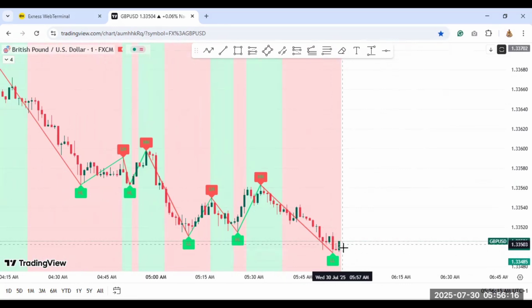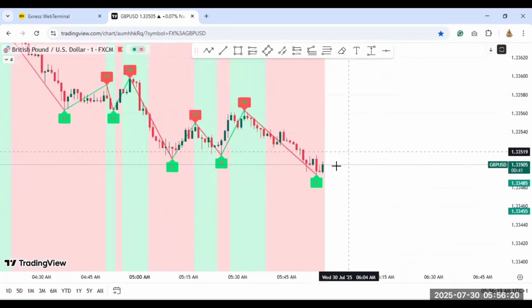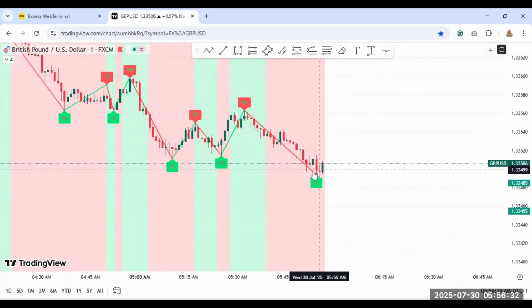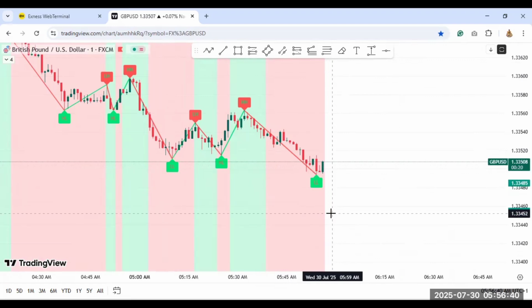But if price goes downward again from this level to another lower point, this particular point will be moved back to where the lower point got to. So if you were following this indicator thinking price will reverse here and you start buying, price will come down, then it will adjust itself and come down too.